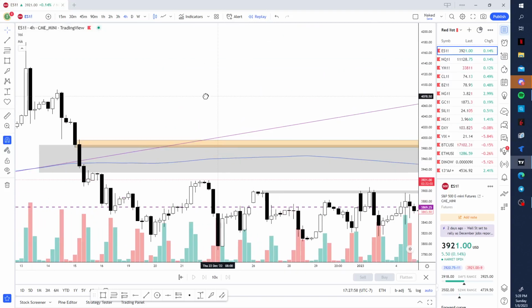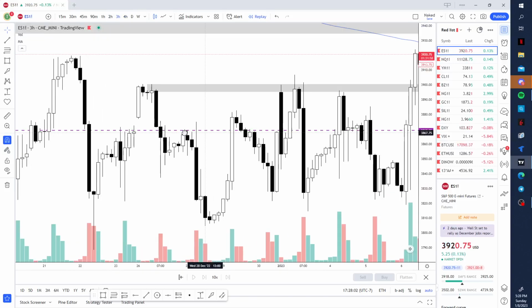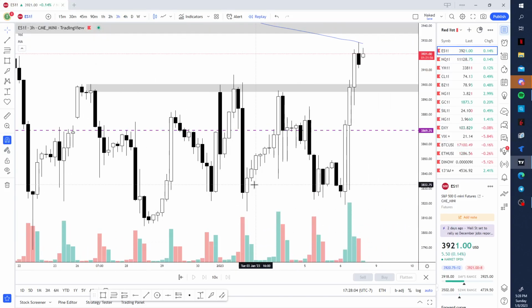I don't know if there's a good example here. But say this was the basing candle and then we had a really large move, it would just be like that. So you're just trying to target the end of the zone, or where the move actually starts. Okay.